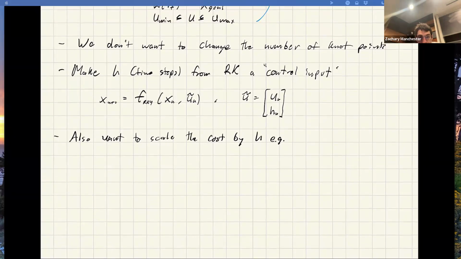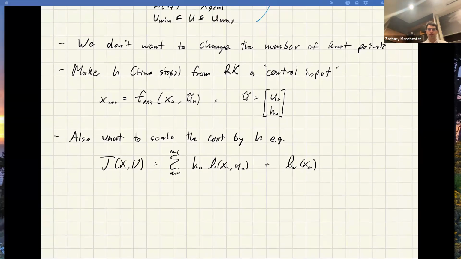Okay, so the cost thing looks like, for example, your stage costs would end up doing this kind of thing. And one thing to note about this is, like we just said, we would need constraints on the h's.